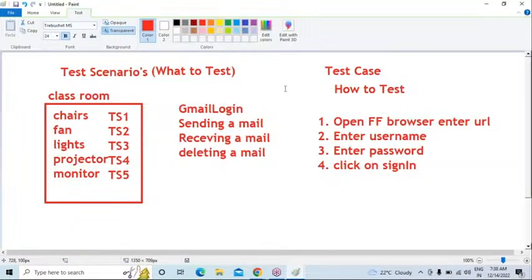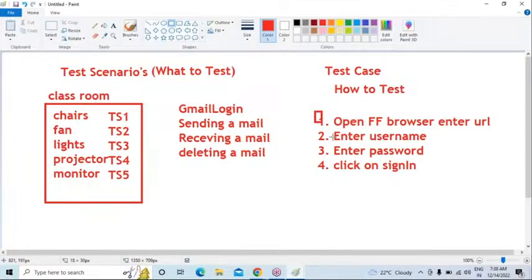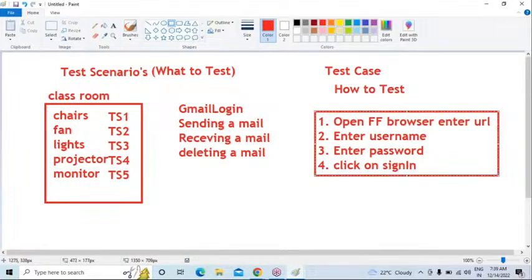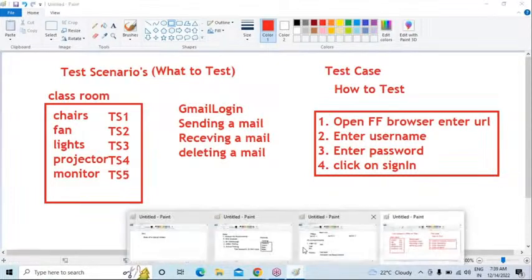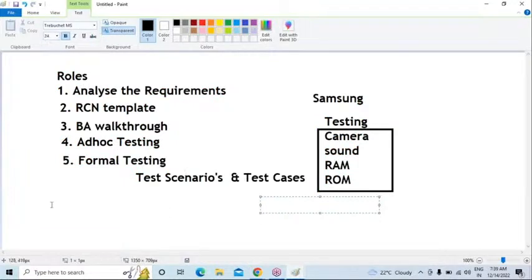So this is called a test case, the procedure. For each and every functionality, we have to write it. While testing, suppose they give the Gmail application to you, you have to follow these steps and verify whether we are able to log in to the application or not. That is called the test case. That is our duty in manual testing in day-to-day life.